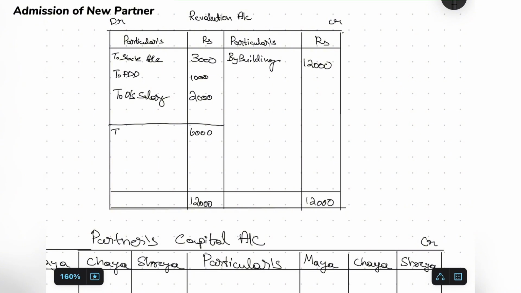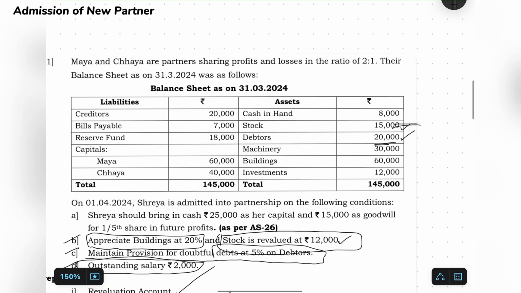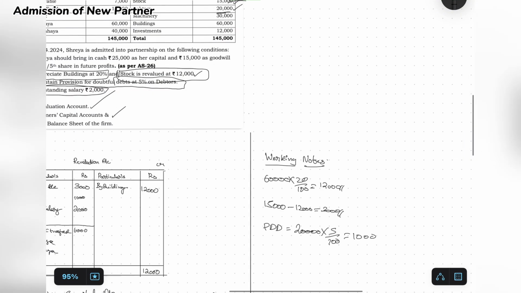So this profit will be transferred. I will transfer this profit to both the partners, that is Maya and Chaya, in their ratio, that is 2 is to 1.